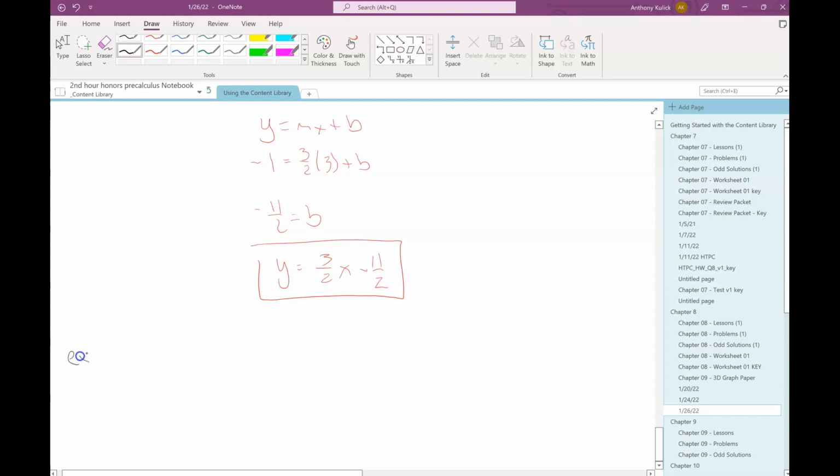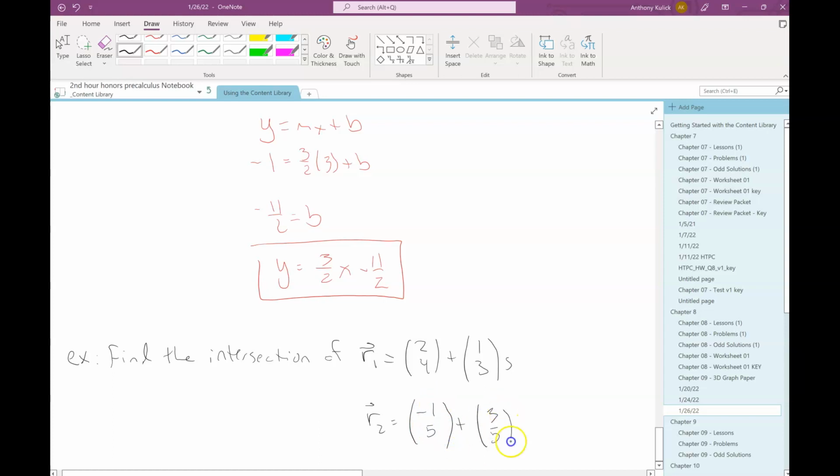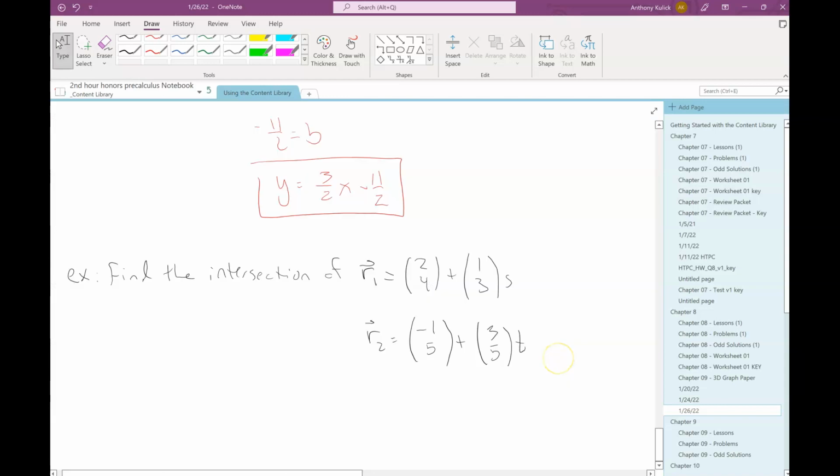Last thing we're going to do today is to find the intersection between these two vector line equations.